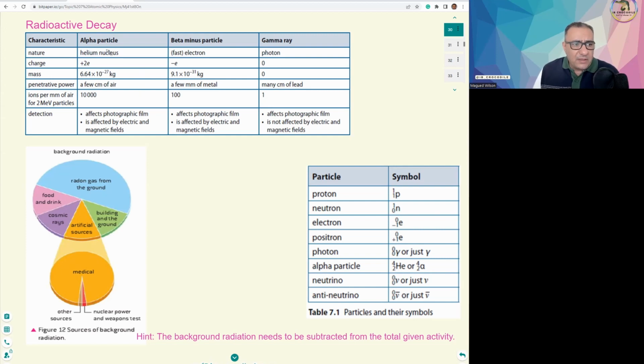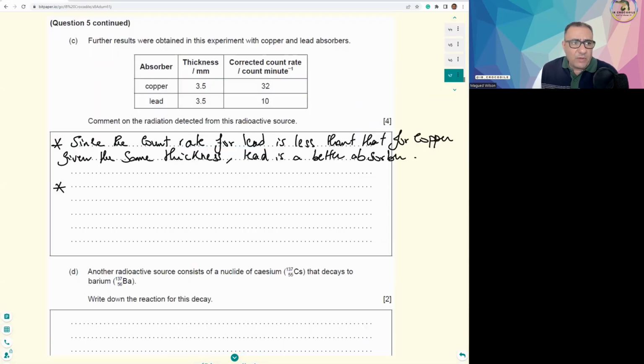So alpha particle has the least penetrative power, a few centimeters of air. So obviously, when we talk here about copper and lead, metals, alpha is not here at all. So we can say as a second conclusion here, alpha radiation is not a possibility.